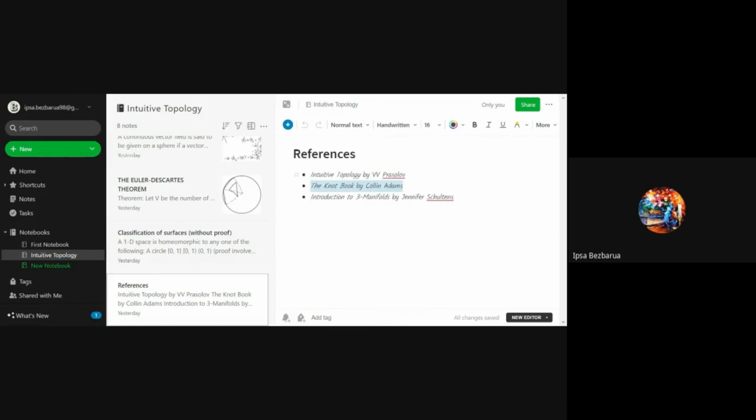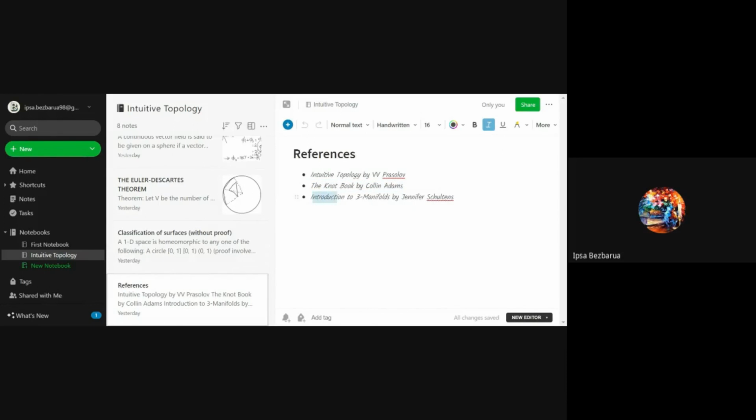Tri-colorability has been done in Prasolov's book, but in a slightly different manner. The one that I used in this talk is adapted from the Knot Book by Colin Adams, which is another really good book. It's on knot theory, not topology. And I haven't finished reading it completely. Once I do, maybe I'll give a talk on it sometime later.